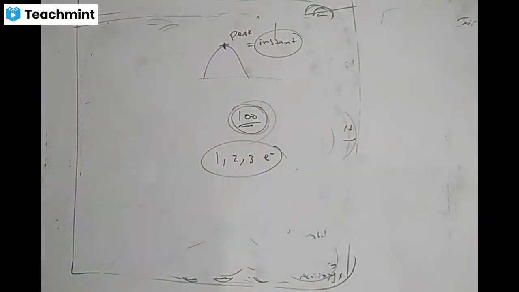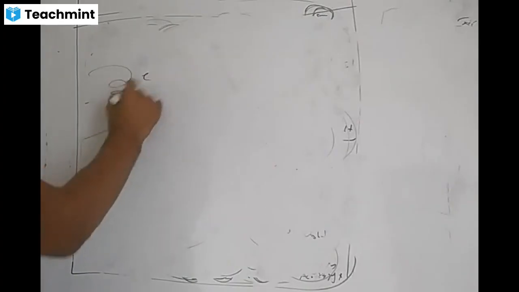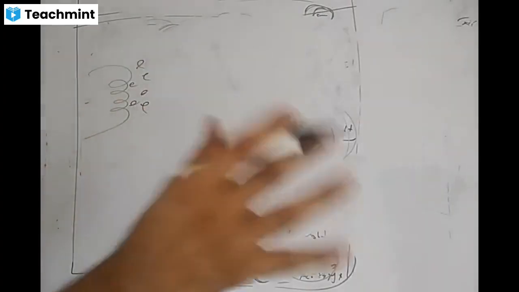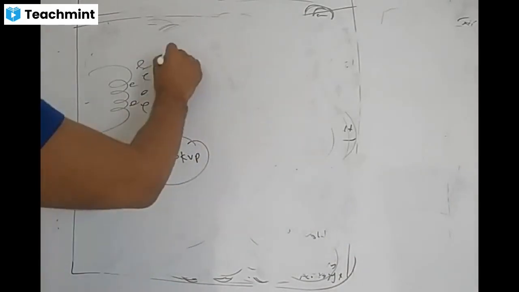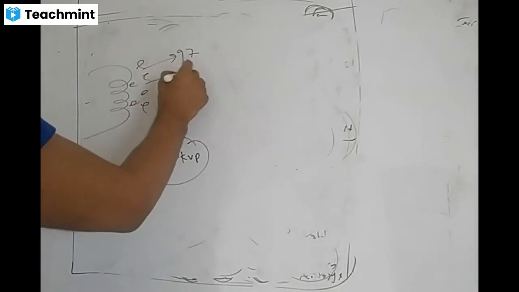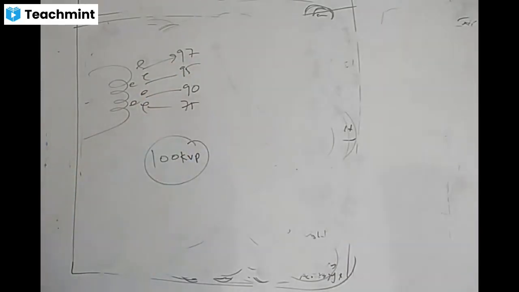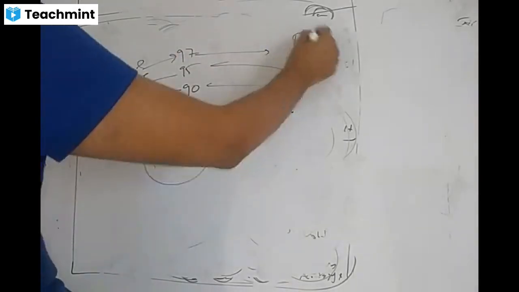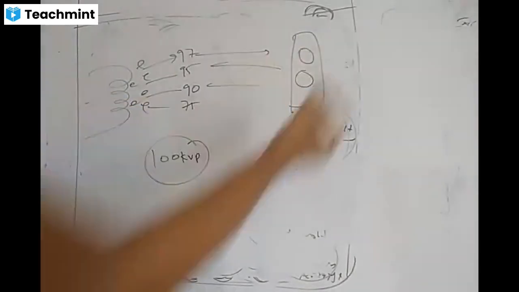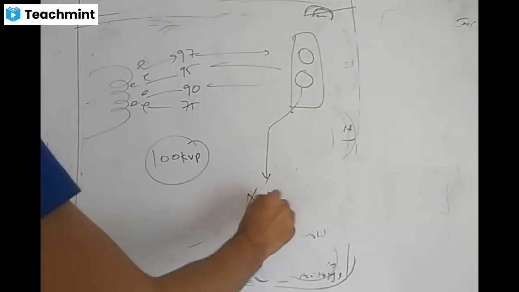But what about the other 97 electrons present at the filament level? Out of this 100 kVp, some will gain 97, some will gain 95, some 90, and 75. And they will strike the anode. Then what happens? Collisional or Bremsstrahlung interaction. Then what comes out? X-ray.